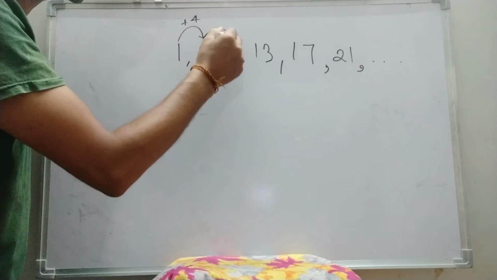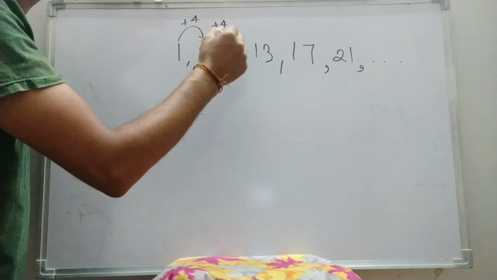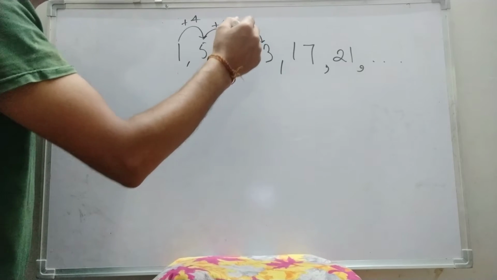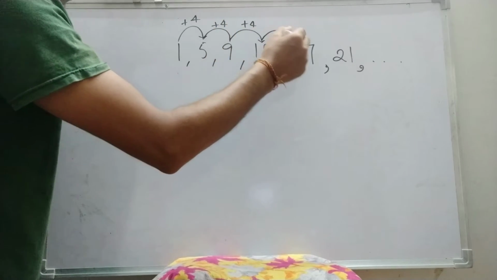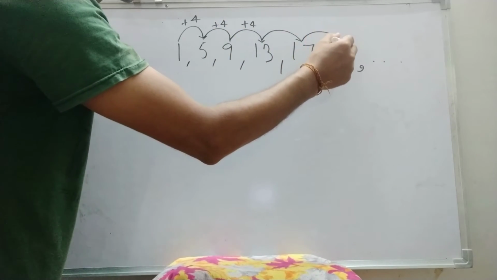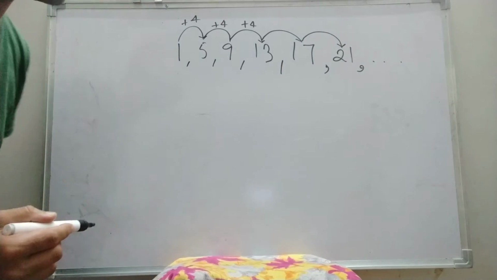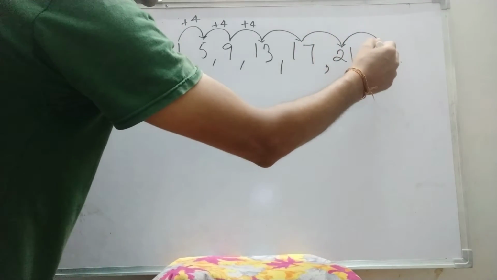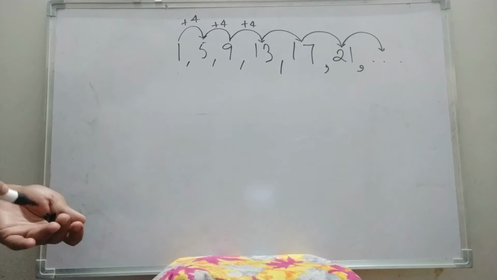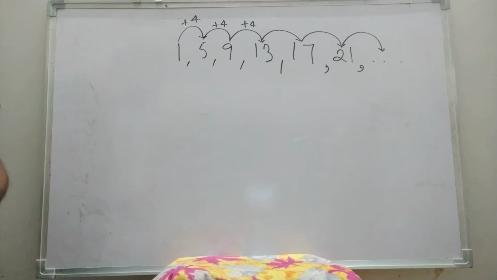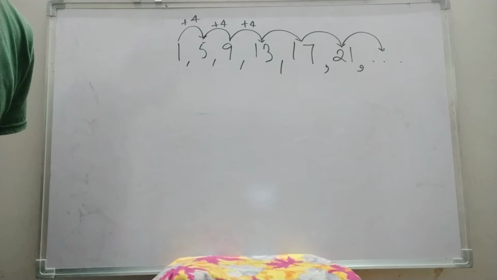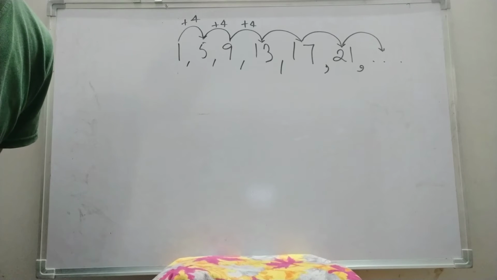Then you get 9, again 4 added to 5, then 13, 4 added to 9. In this way this sequence of numbers goes on. So students, again I am repeating, if numbers are arranged with a particular definite rule, then this arrangement of numbers is said to be in sequence.